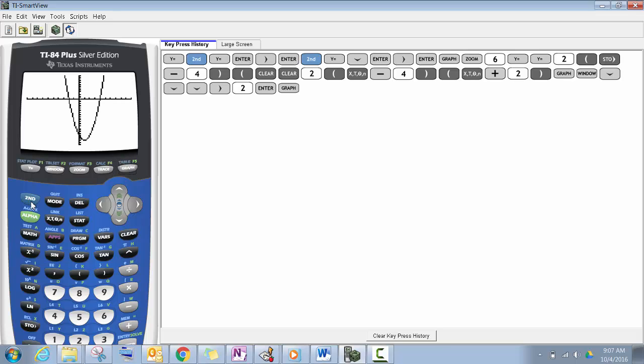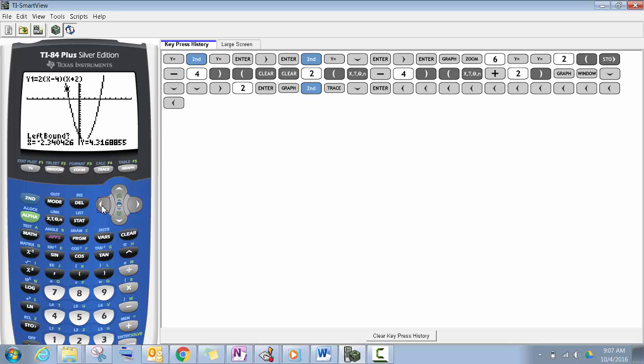So what we want to do is second trace, which is actually second calc, where everything is. So zeros. We have to say, where's the farthest left that will encapsulate this zero? So here's to the left of one of the zeros. Hit enter. Right bound, go to the right of the zero.